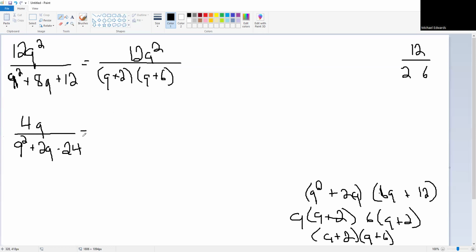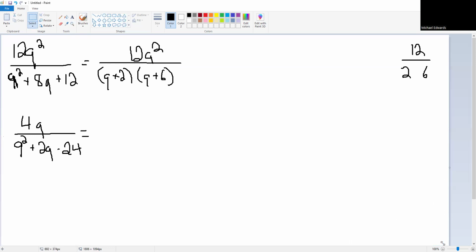All right, now let's factor this bottom one. I'm going to make some space down here. This one has a 24, and the middle number is a positive 2. To get a positive 2, we probably have two numbers that are fairly close. So it's probably not 2 and 12.